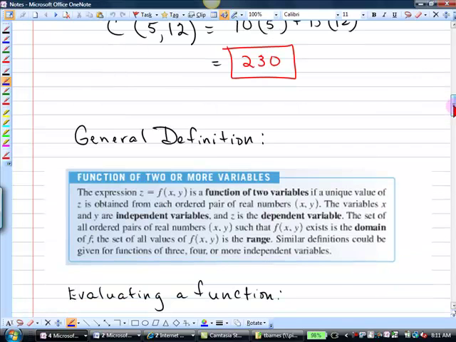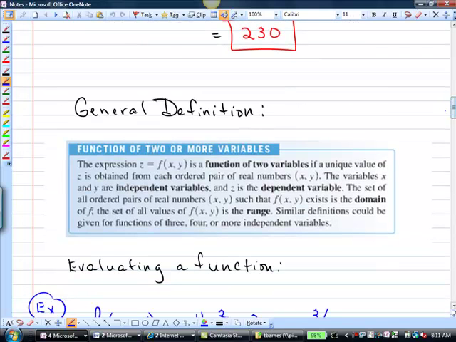All right, so here's a formal definition of a function of 2 or more variables, and you don't need to write that down. You could have it if you print the notes. But the expression z equals f of x comma y is a function of 2 variables if a unique value of z is obtained when each ordered pair of real numbers is put in. X and y are the independent variables.